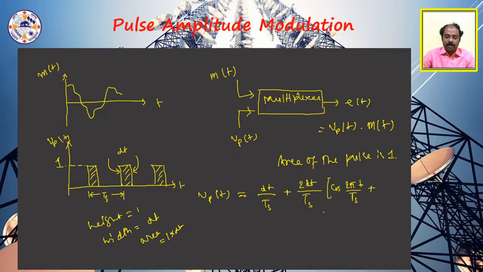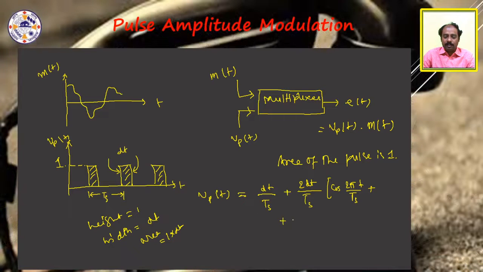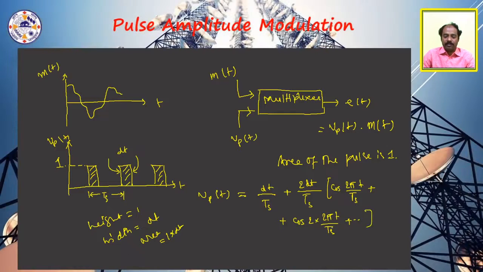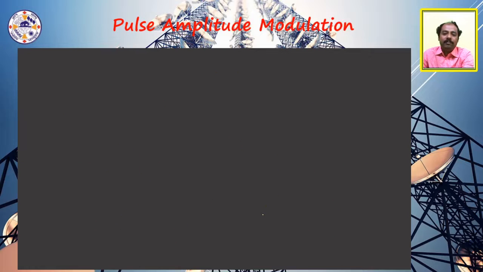This is the first term. I am expanding it, plus cos 2 into 2 pi t by ts, plus etc. Fine. So I am just multiplying it with m(t). The modulated wave will be Vp into m(t).